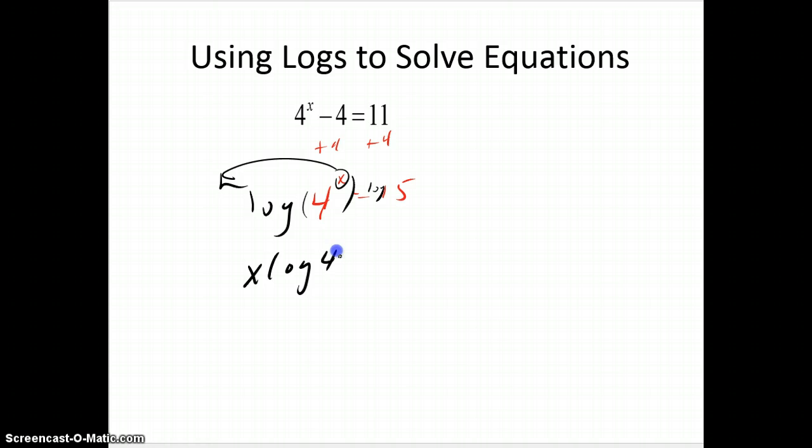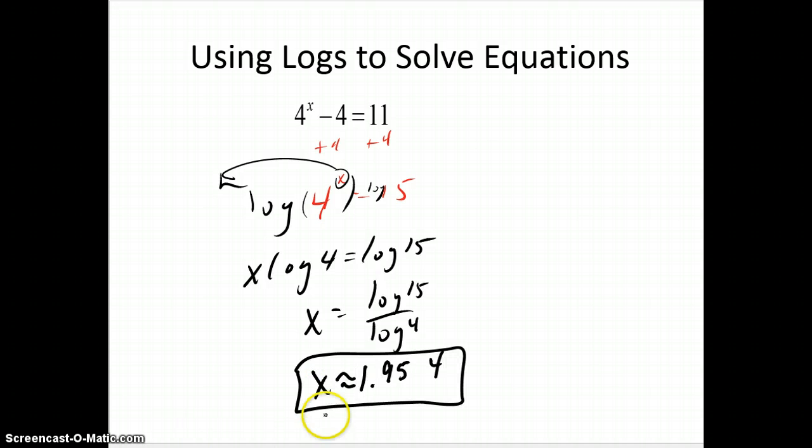So we have x log of 4 equals log of 15, and we end up with x being equal to the log of 15 over the log of 4, and that approximates 1.9534. Okay, so we use the log of both sides to isolate this x value. So here the step I didn't include was dividing by log of 4. Okay, so it really comes down to being good at solving equations.